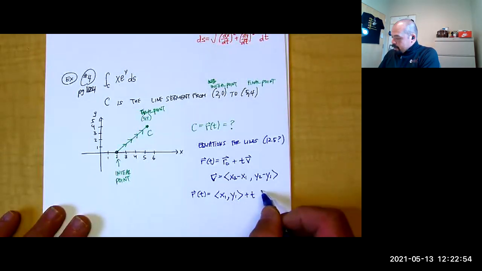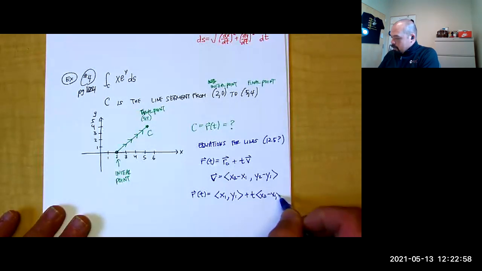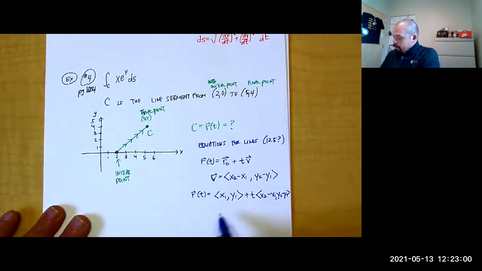Plus t times x2 minus x1, y2 minus y1. Start doing that vector work. x sub 1. Let me bring in that parameter t. x sub 2 t minus x sub 1 t.